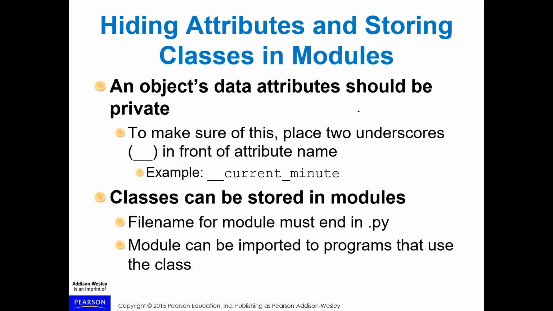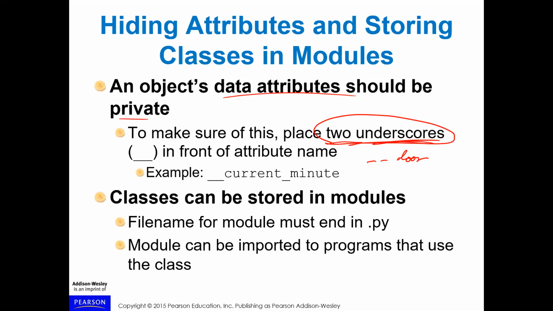So for instance, an object's data attributes should be private. To make sure of this, you place two underscores in front of the attribute name. So if I had a variable like roof or door, if I put two underscores in front of that variable within a class, it automatically makes that variable private.